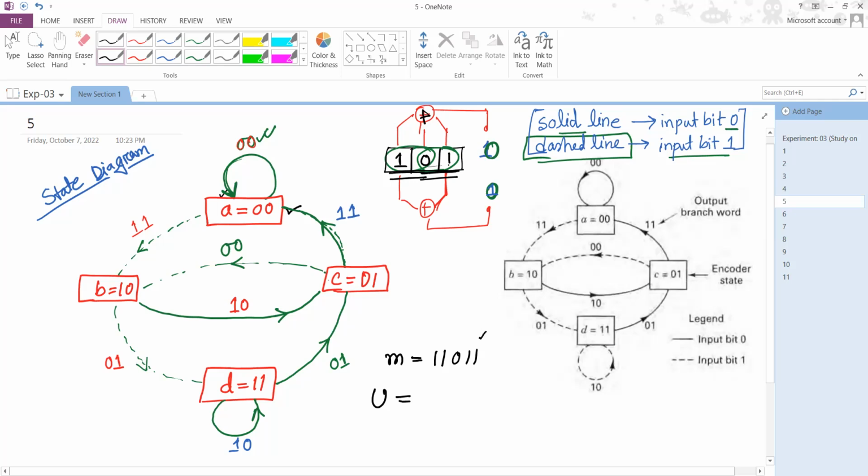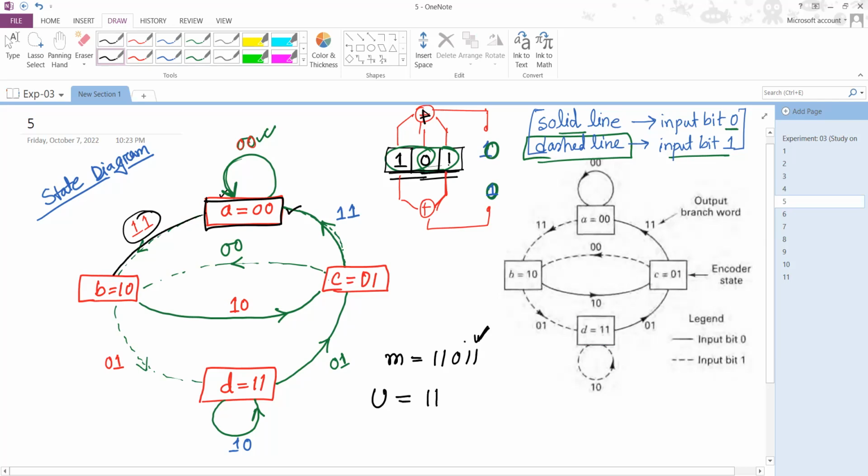It will follow the dashed line first, right? So we'll start from the 0 0 position, and for input bit 1 we'll follow the dashed line first. This is our followed line. So for this line, what is our output? 1 1. So we'll write 1 1 here.